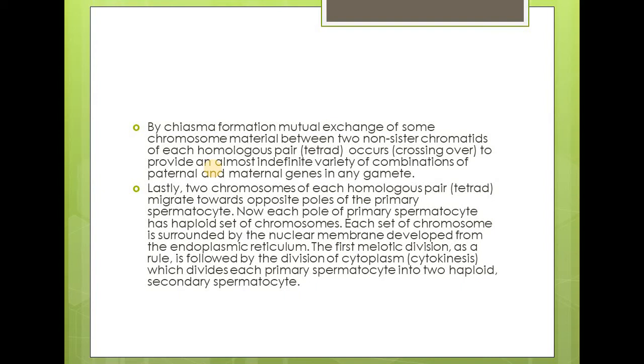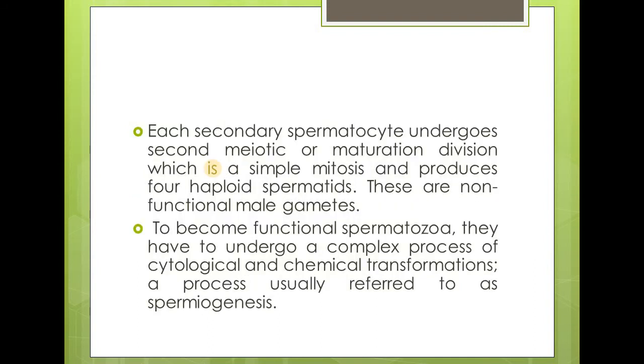The two chromosomes of each homologous pair, called a tetrad, migrate towards the opposite poles of the primary spermatocyte, and now each pole has a haploid set of chromosomes, each set surrounded by a nuclear membrane developed from the endoplasmic reticulum. The first meiotic division as a rule is followed by division of the cytoplasm, called cytokinesis, which divides the primary spermatocyte into two haploid secondary spermatocytes.